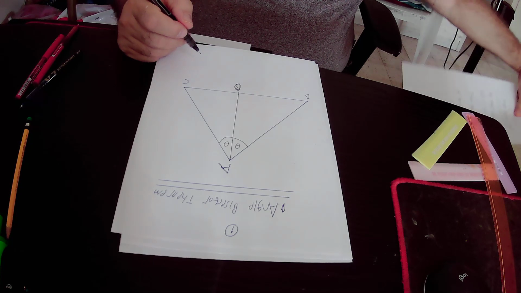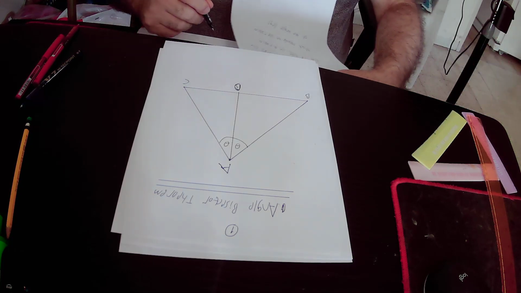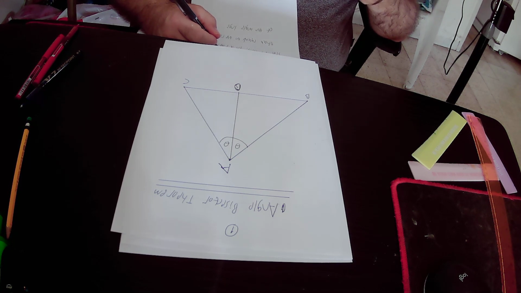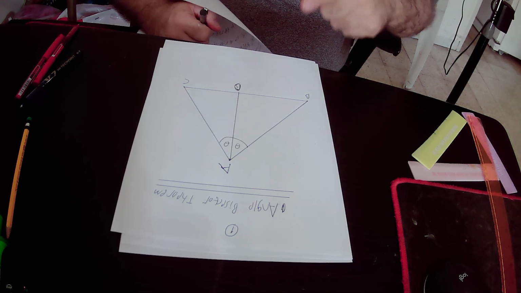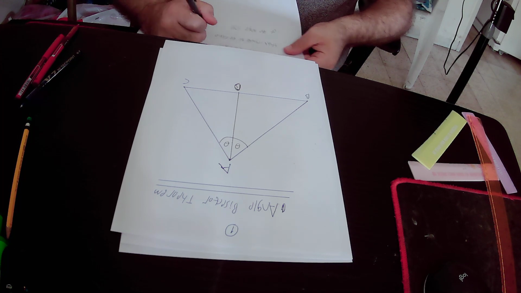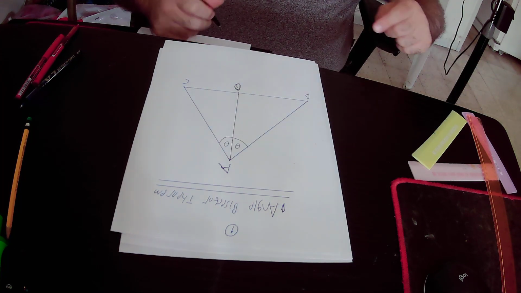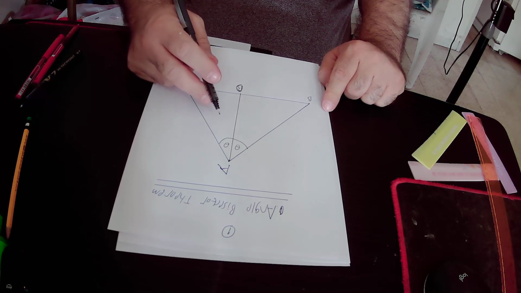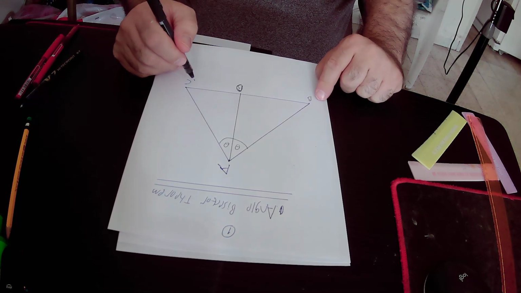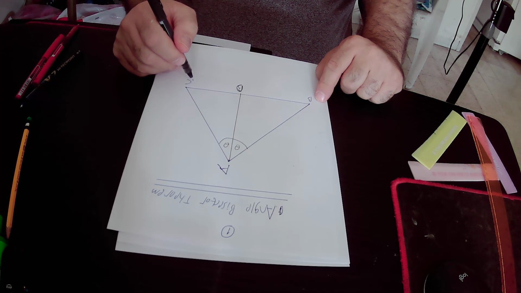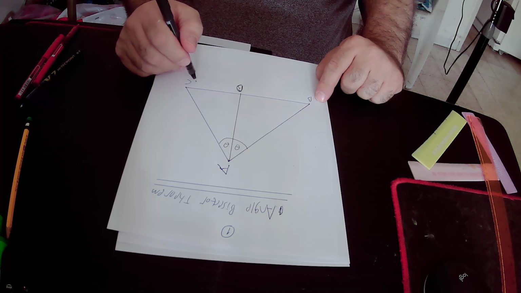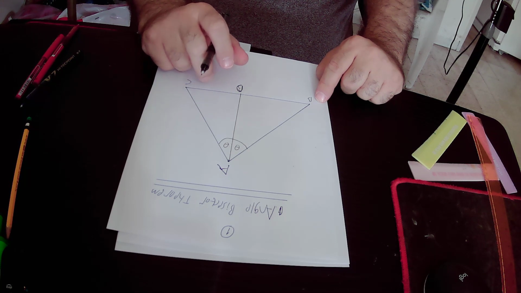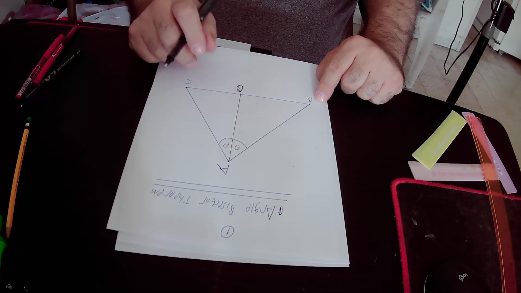Okay, so actually the meaning of the angle bisector theorem is that the angle bisector AD divides side BC of the triangle in a ratio DC over DB.